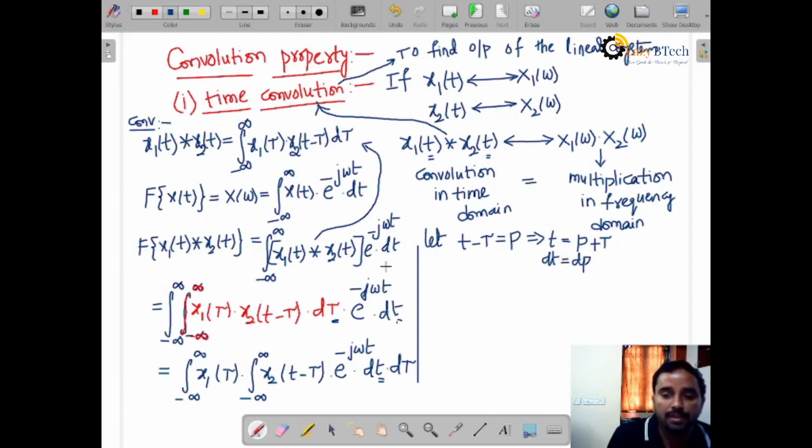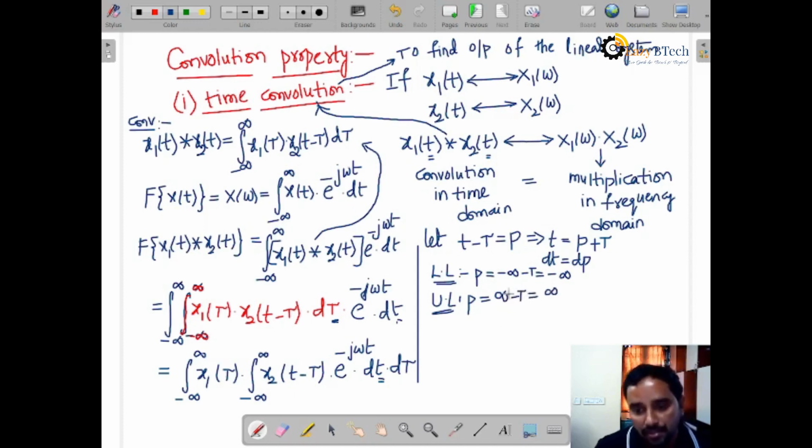Then the limits: the lower limit of p is minus infinity minus tau, which is minus infinity, and the upper limit is infinity minus tau, again infinity. Infinity is a large number, so nothing happens to infinity. We are going to substitute all these in this integral.